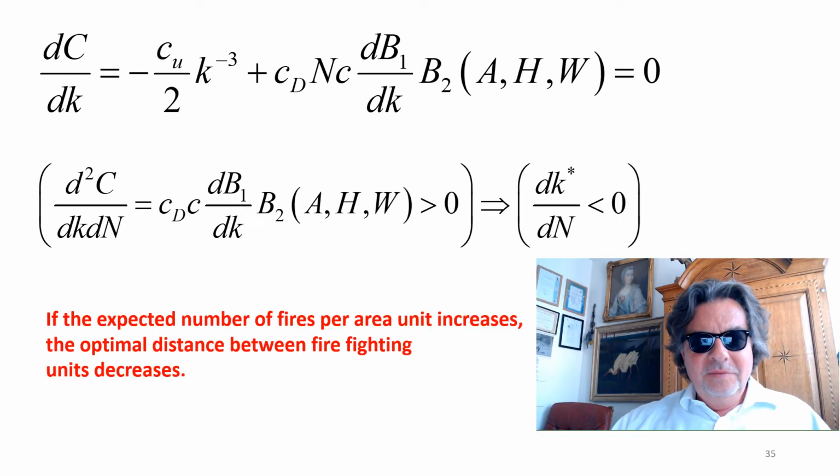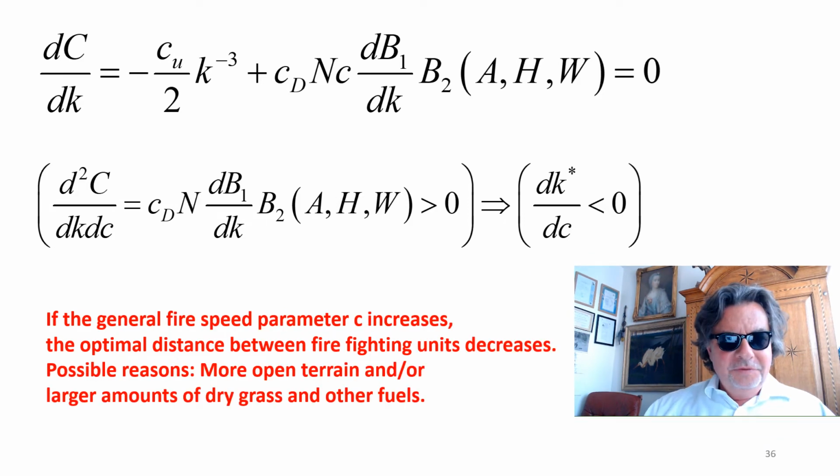If the expected number of fires per area unit increases, the optimal distance between firefighting units decreases. And if the general fire speed parameter c increases, the optimal distance between firefighting units decreases. Possible reasons: more open terrain and/or larger amounts of dry grass or other fuels.